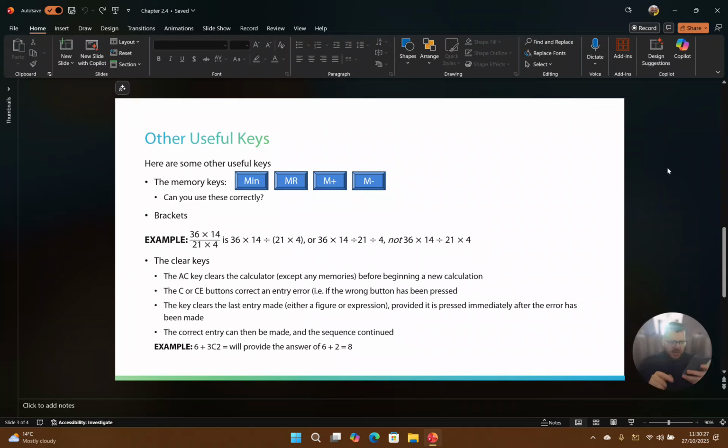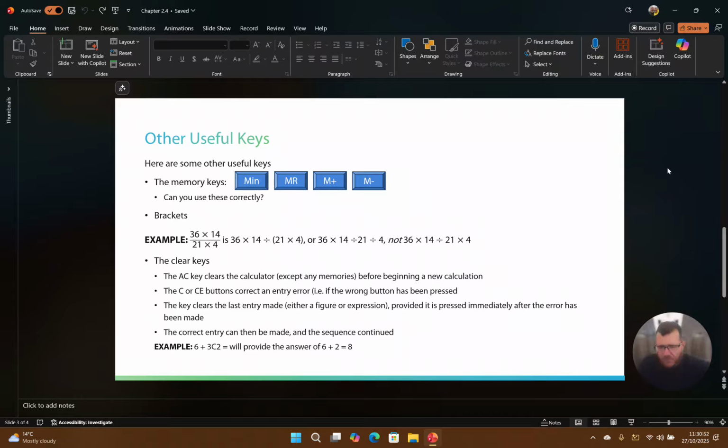M-, which does the exact opposite. Memory Recall, for when you want to restore something from memory. And the MIN key, which I think is typically what it is.